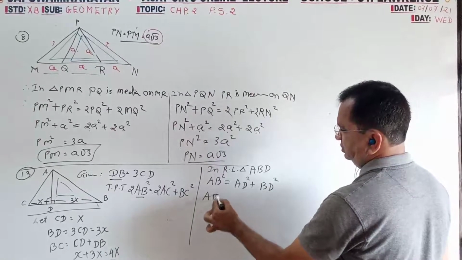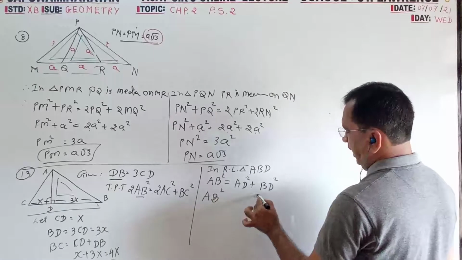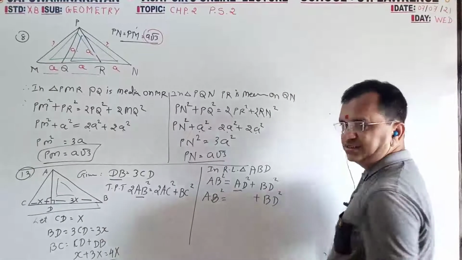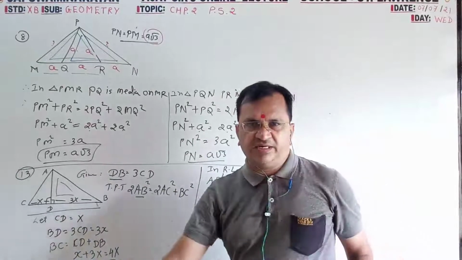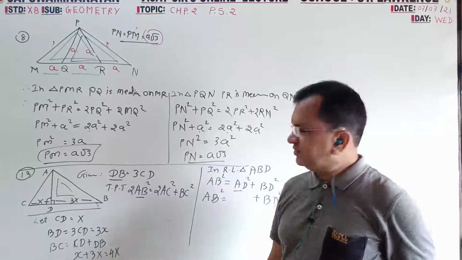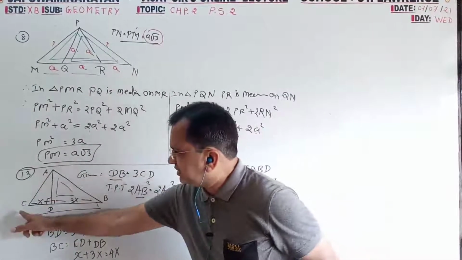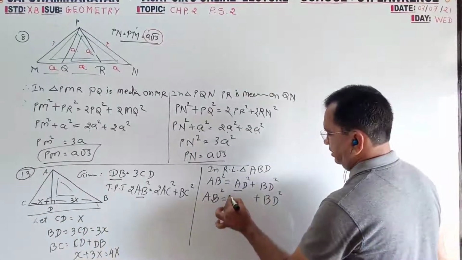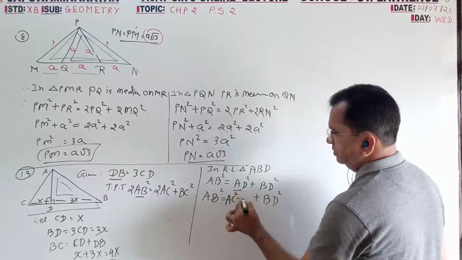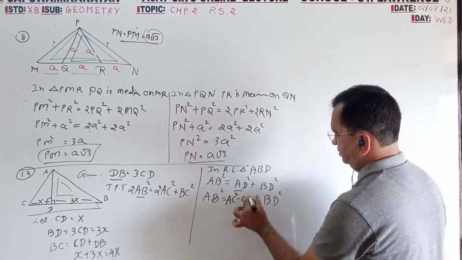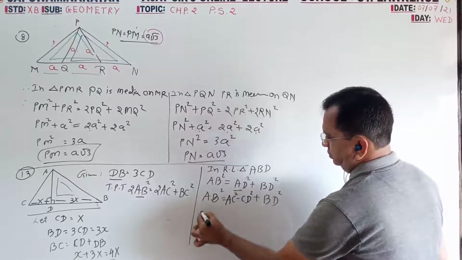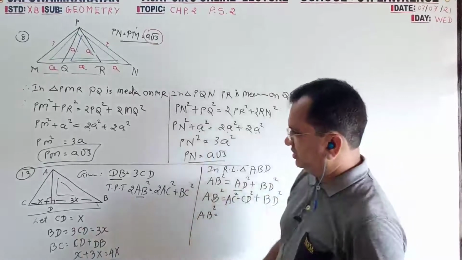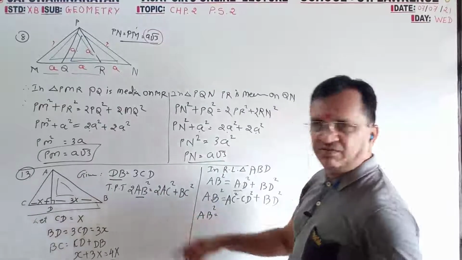I want this. I don't want AD square. So AD square I will convert to this side. So AD square is equal to AC square minus CD square, Pythagoras. So this is AC square minus CD square. So AB square. What is AC? AC we want.